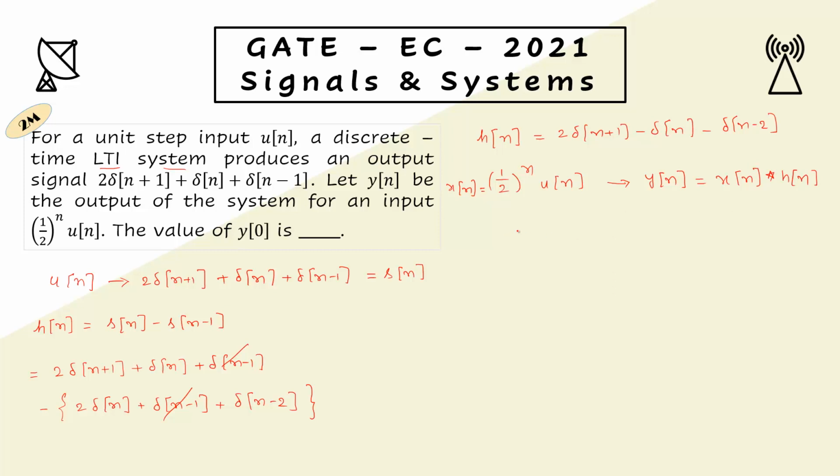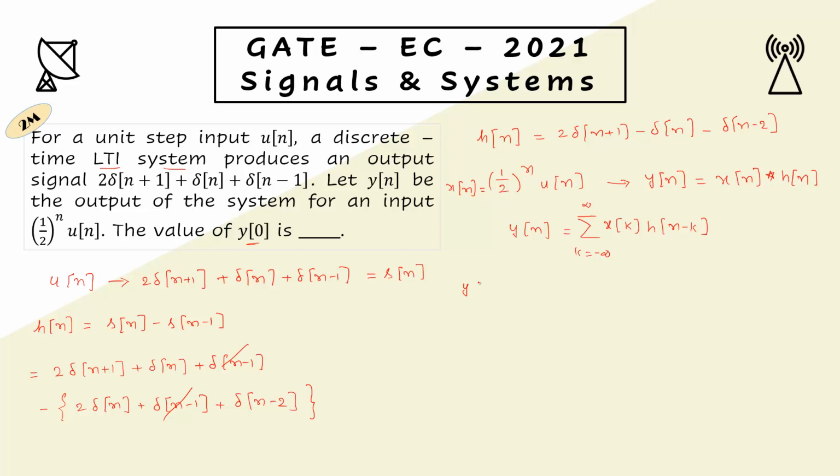So the equation for y of n is summation k equal to minus infinity to infinity x of k times h of n minus k. That is our y of n, but we are asked to evaluate y of 0.